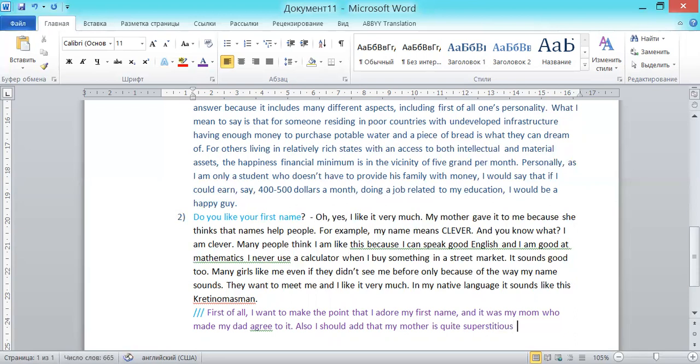And again, we use the past for one construction: thinking that one's name can affect, which is the modal verb, can affect one's life.